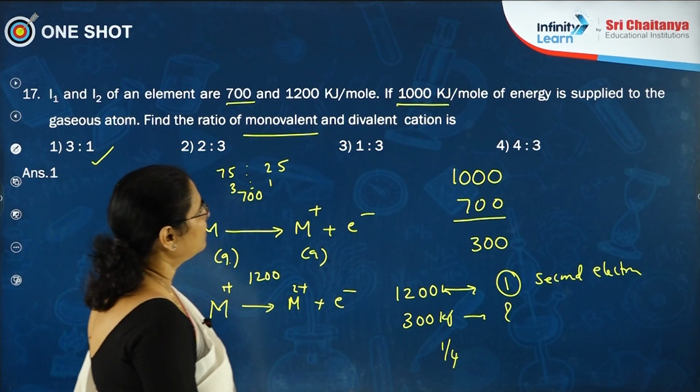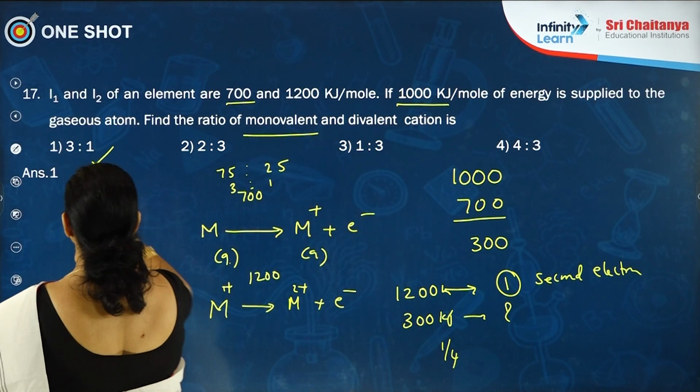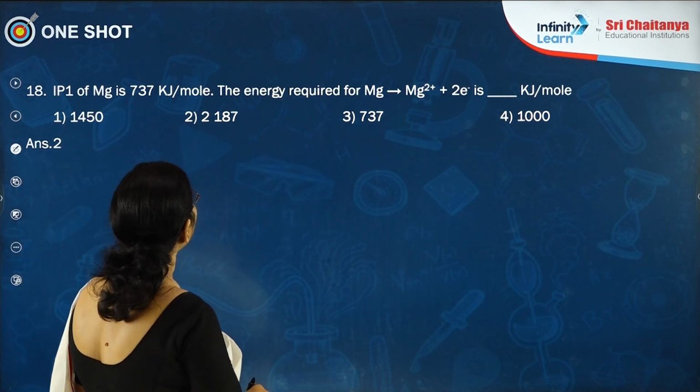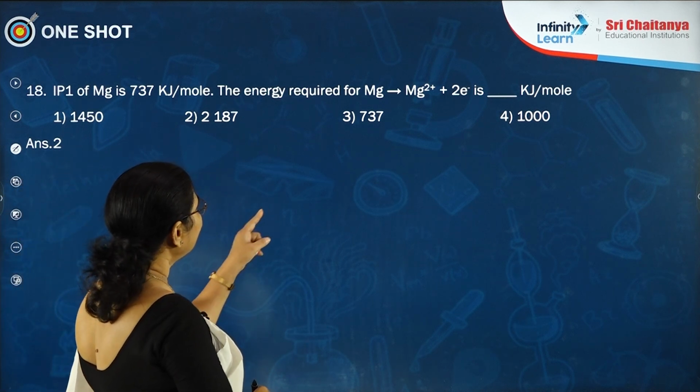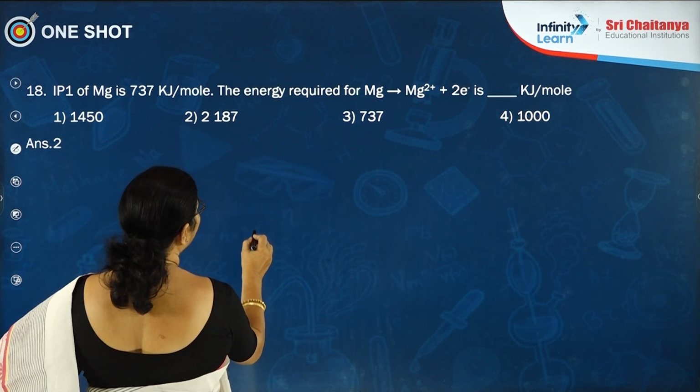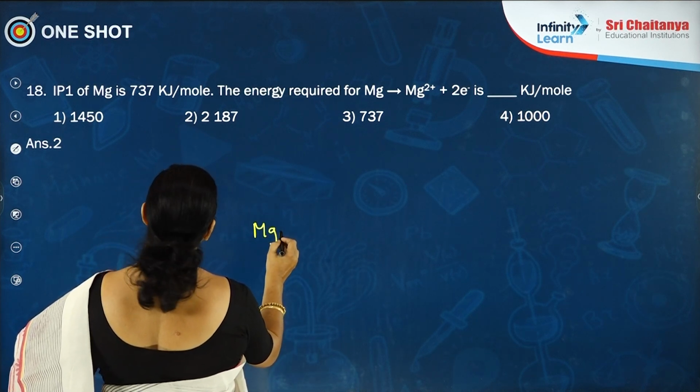The same question is there in our material. Next, IP1 of magnesium is 737 kilojoule per mole. Find the energy required for magnesium to become Mg2 plus. Look here, many students did this question wrong.